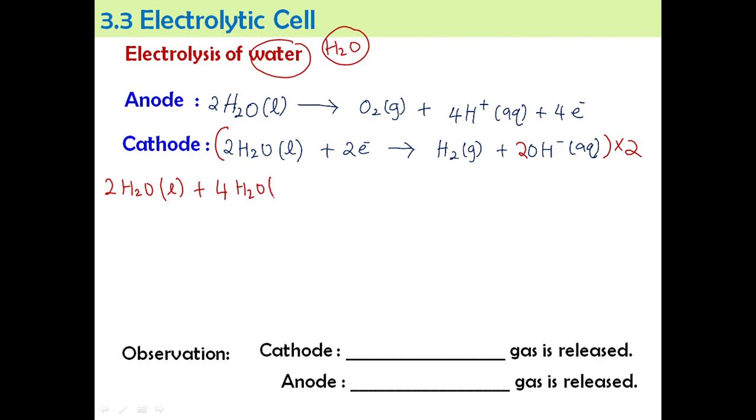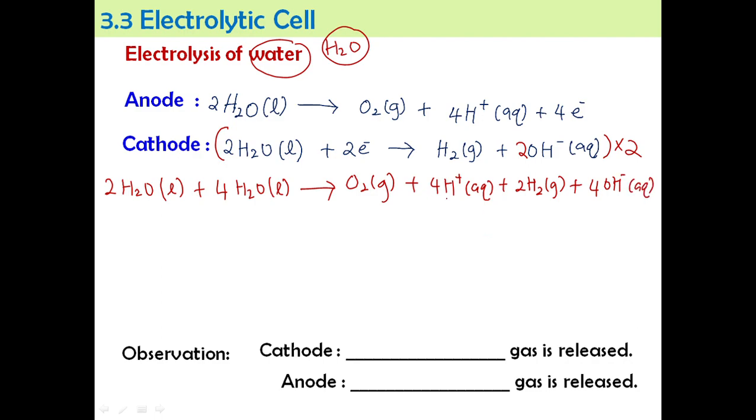H2O liquid, produce oxygen gas plus 4H plus aqueous. Okay, yang ni H2 darab 2 tambah 2 H2 gas tambah, 2 times 2, 4OH minus aqueous.